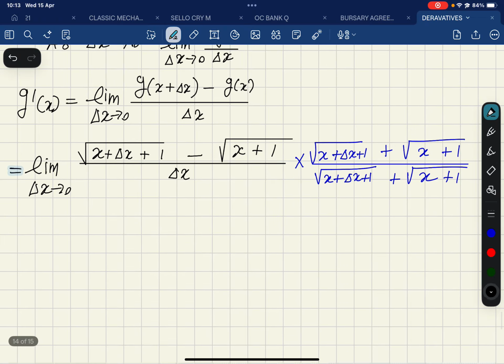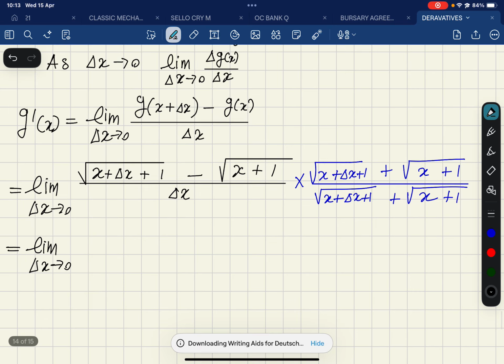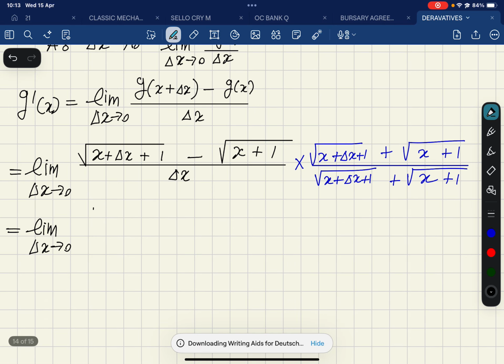From there you rationalize, so I will have equal sign, then the limit as change in x approaches 0, which means from there we have the difference between two squares.